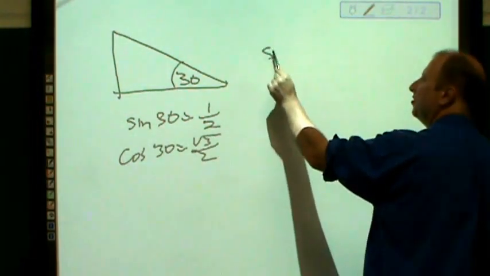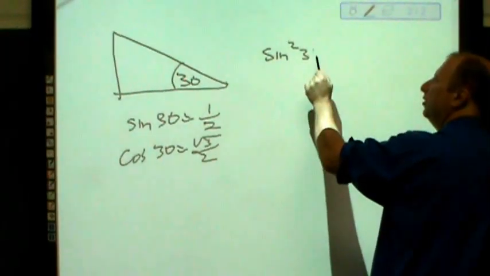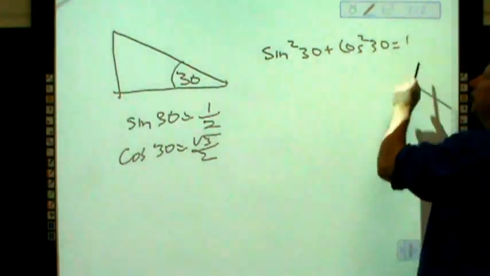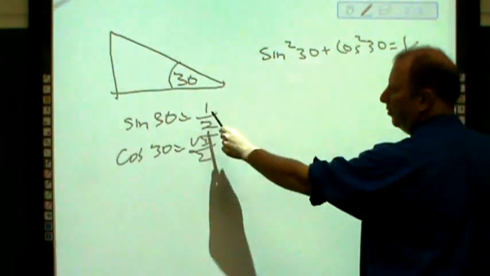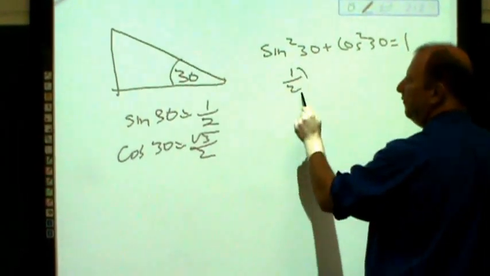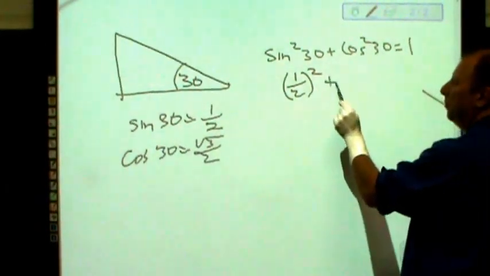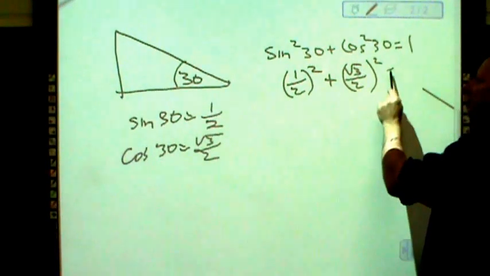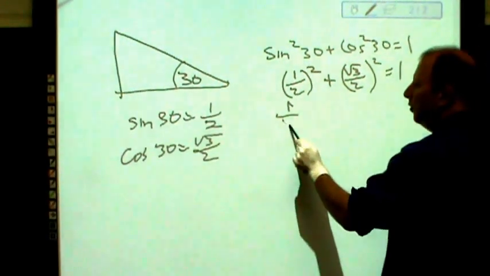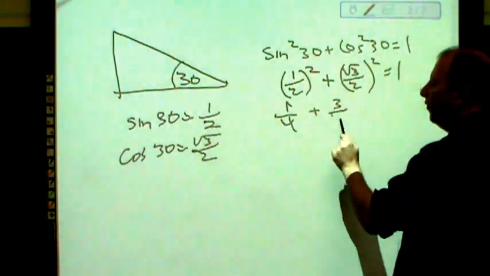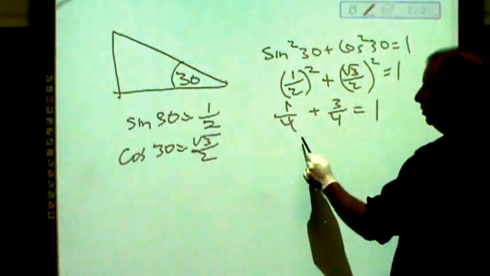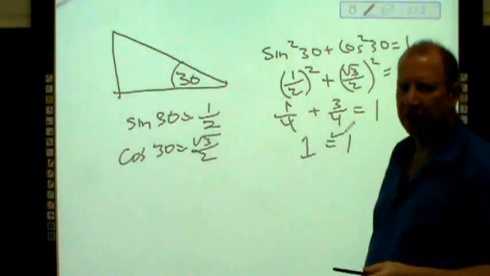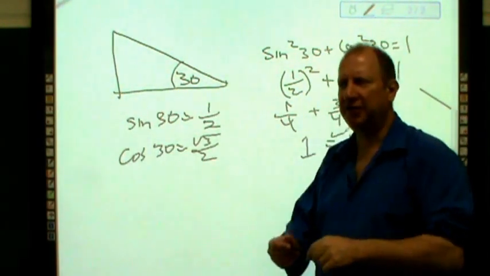So sine squared 30 plus cosine squared 30 is equal to 1? Well, sine of 30 is half, so I'm going to say half to the second power plus square root of 3 over 2 to the second power. Is that equal to 1? 1/4 plus 3/4 is equal to 1. 1 is equal to 1. So it does work. This is the simplest of the Pythagorean identities.